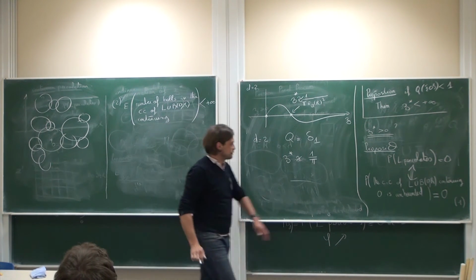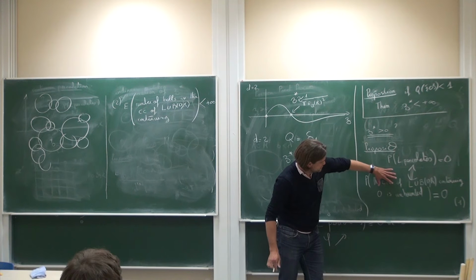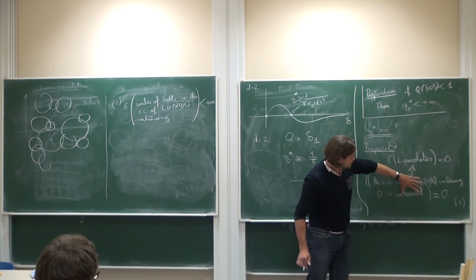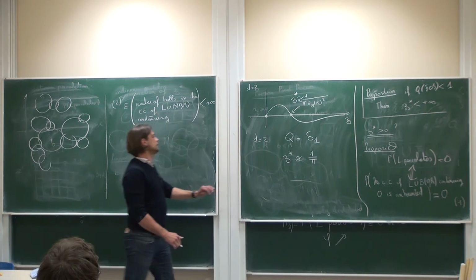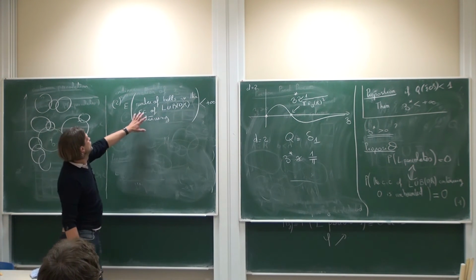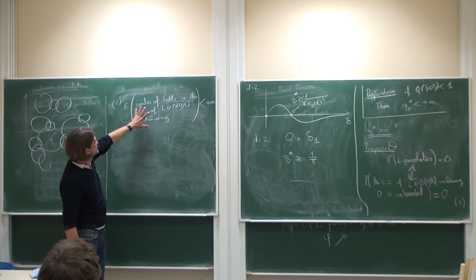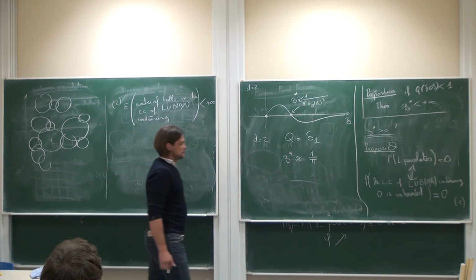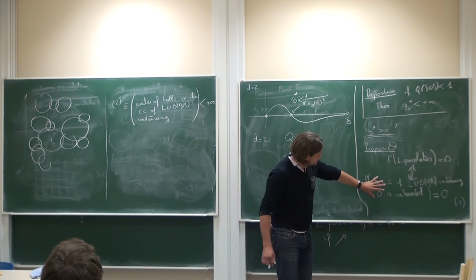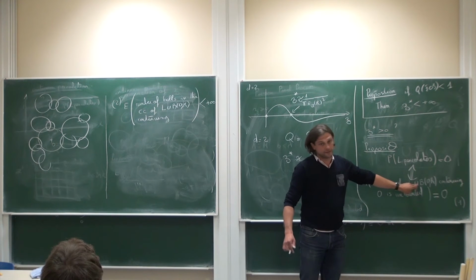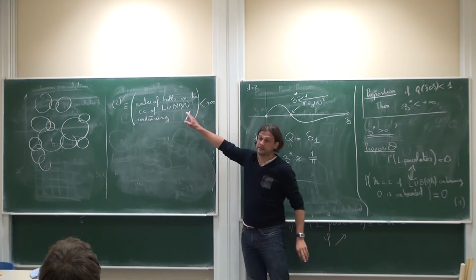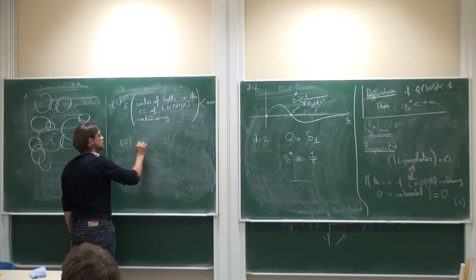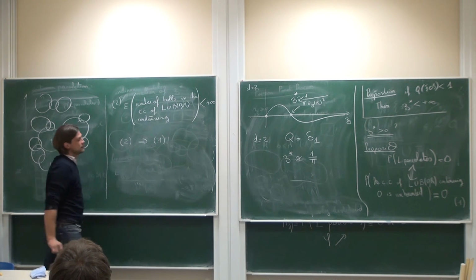So here the number of balls in the connected component from 0 is unbounded, and here the expectation of the number of balls is finite. So this one can be the number of balls in this connected component is finite with probability 1, and this one the expectation is finite. So we clearly have 2 implies 1.